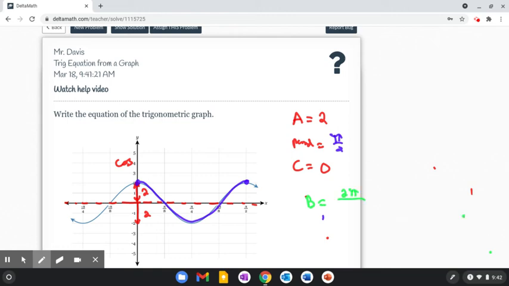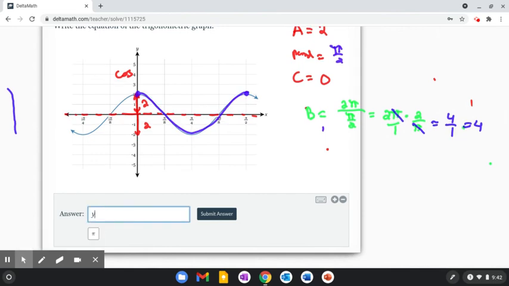So 2 pi over 2. We're going to keep the top, multiply by the bottom flipped. So flip the bottom becomes 2 over pi. We then can cancel the pi's. And then 2 times 2 is 4. 4 over 1, which is just 4. So our B is 4 in this case.